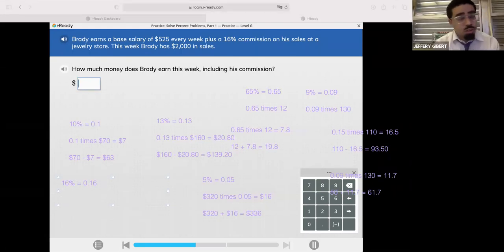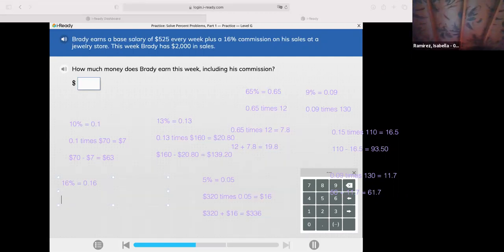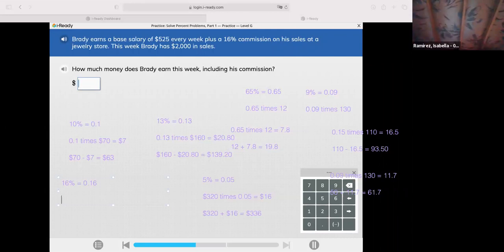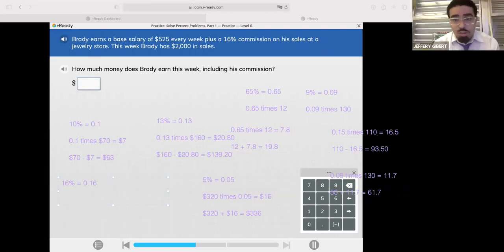So are we doing 16% times 525 or 16% times 2,000? Wait, can you repeat that? Are we going to be doing 16% times 525 or are we going to be doing 16% times 2,000? 525 by 16. Well, it's actually going to be 16% times 2,000 because it says the commission is on the sales.